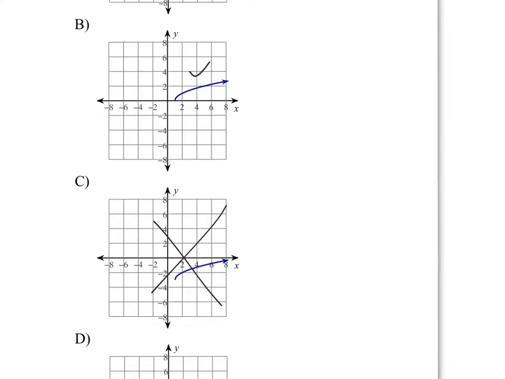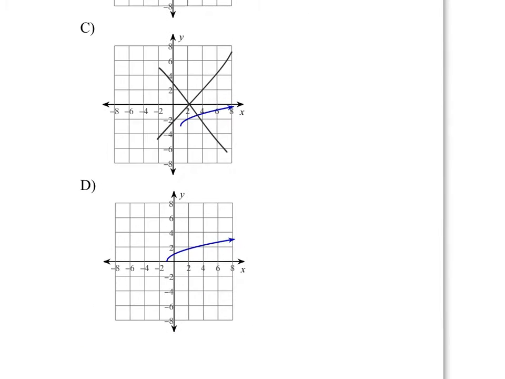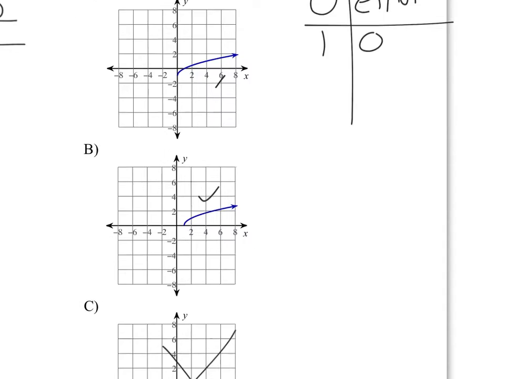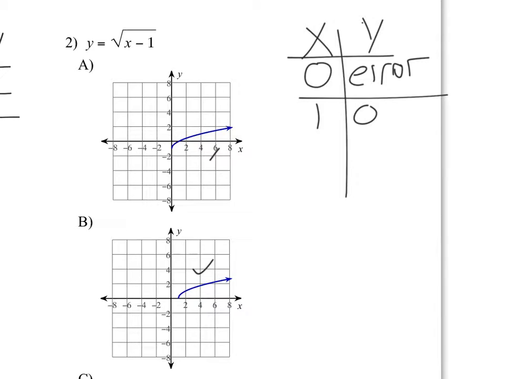That's a no for C, and that's a no for D. So then I'm down to two choices. If I plug in 2, I get 1 as an answer, and at 2, 1, well, that looks like this guy is my right thing. That's correct. B is the right choice.